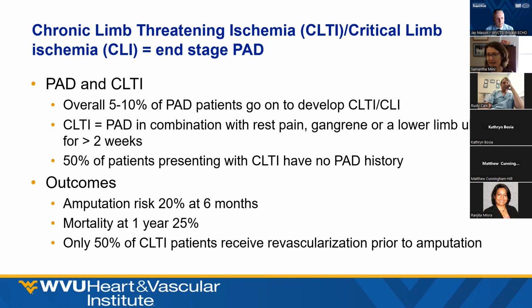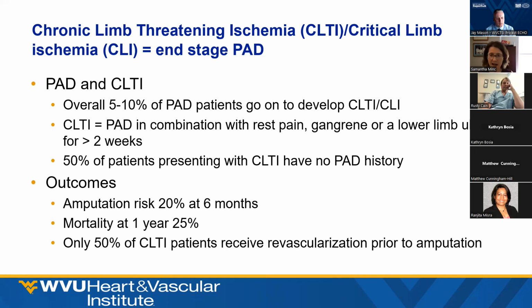Or they have a wound or gangrene that hasn't healed and it's been going on for more than 2 weeks. That's what that is. And that's the emergency patients that you need to contact us about. They're more urgent or emergent. The regular PAD diagnosis in claudicants doesn't have that same level of urgency.